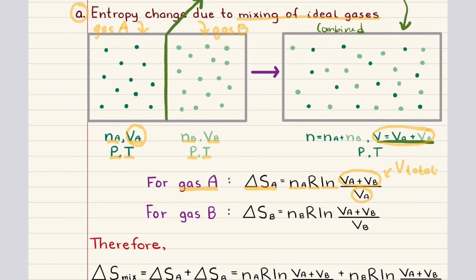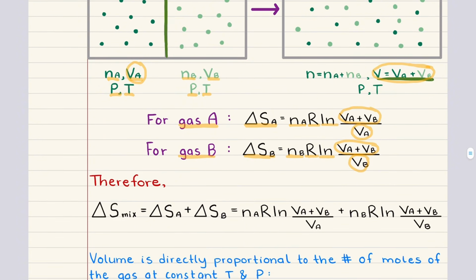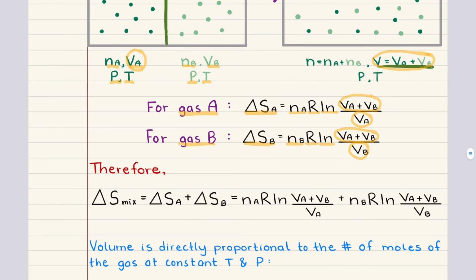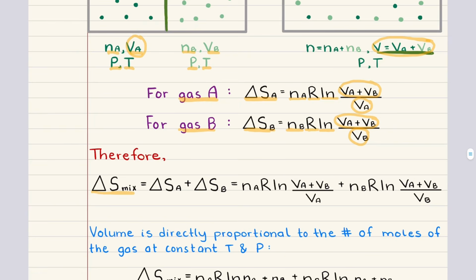By the same reasoning, gas B expands from Vb to the combined volume Va plus Vb. So its entropy change is delta SB equals Nb times R times the natural log of Va plus Vb divided by Vb. The total entropy change for mixing, delta S mix, that's simply going to be the sum of these two contributions.